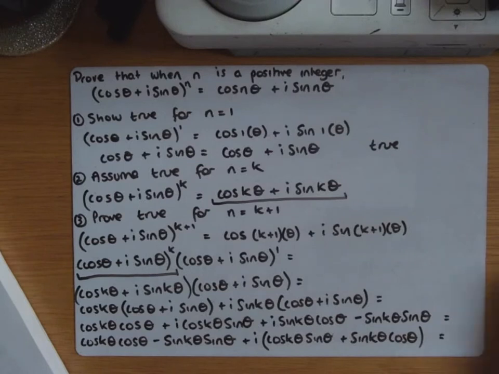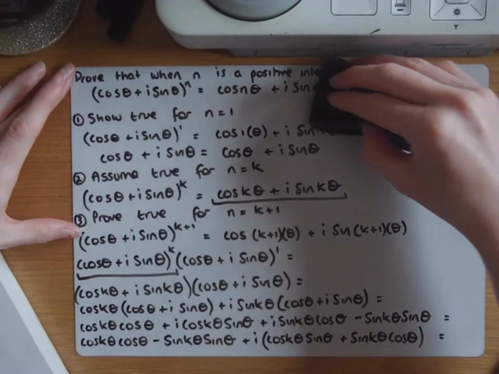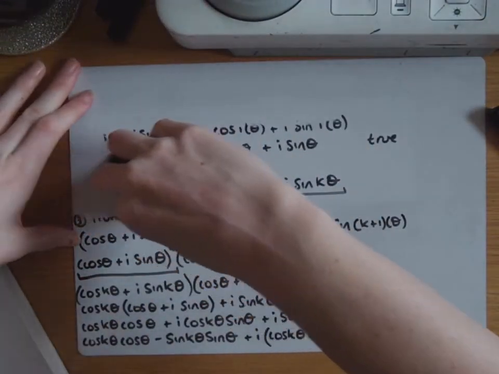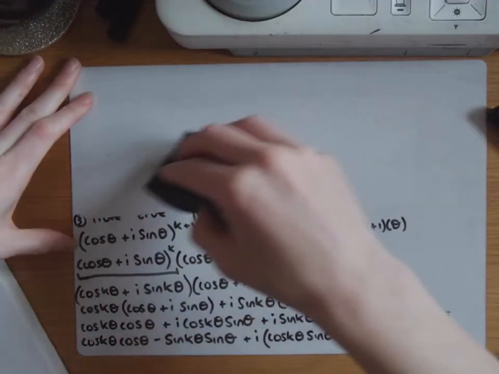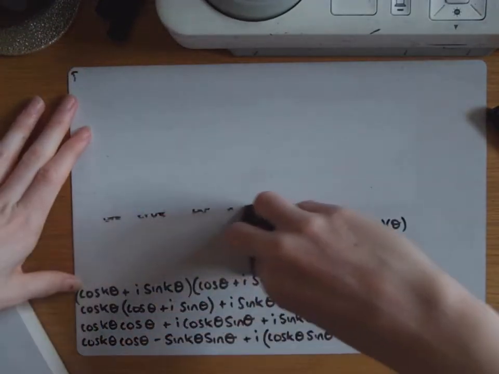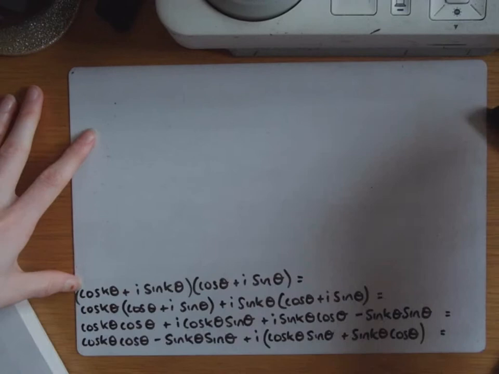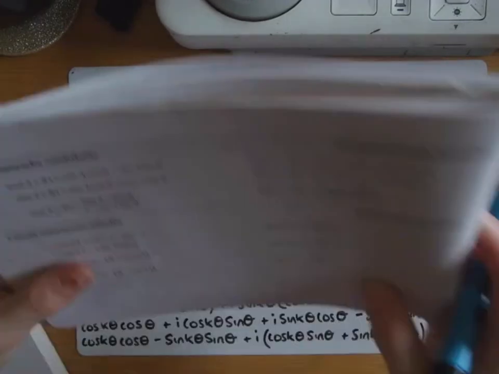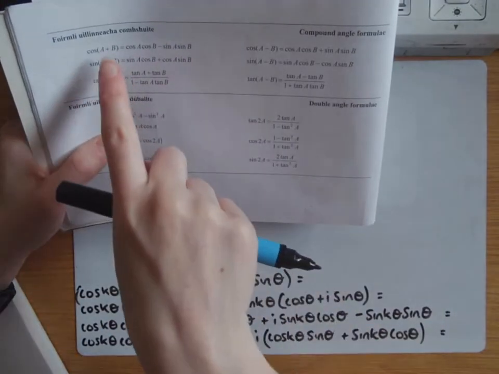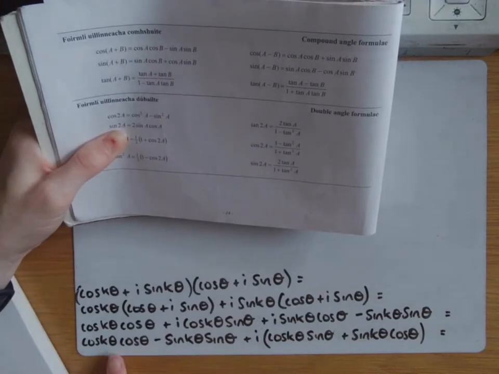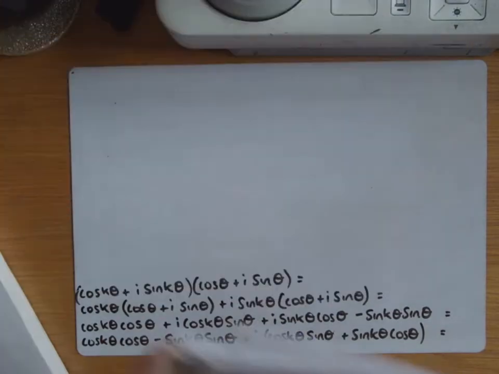Okay, so I'm just going to get rid of the first two steps up there and we'll keep going with this. Okay, so we said this part here is cos of A plus B. Now my A is the k theta and my B is the theta.